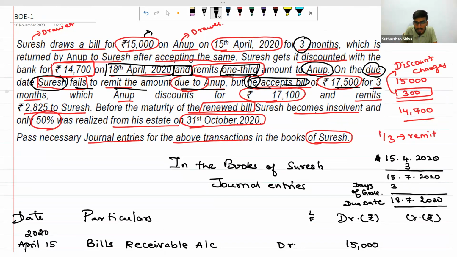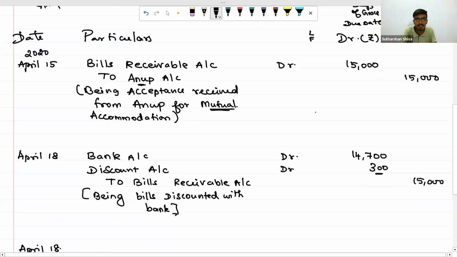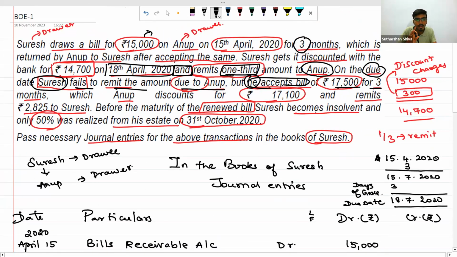Now Suresh will become drawee and Anup will become drawer. Your point of view will change. Till the third journal entry, he was thinking from the point of view of drawer. Now you should think from the point of view of drawee.